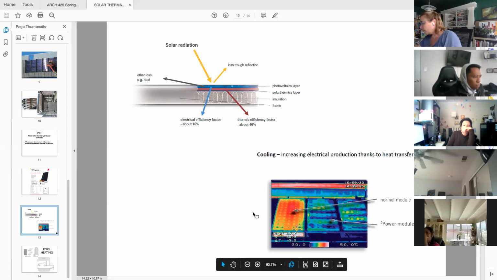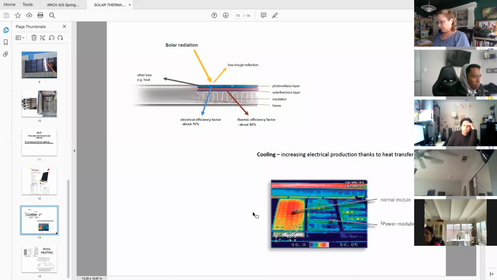The lower image is a thermal camera that shows a comparison of two panels, two modules side by side. Two PVT panels on the right hand side. Those are the ones that have the PV cells on top, and the solar thermal collector below that.